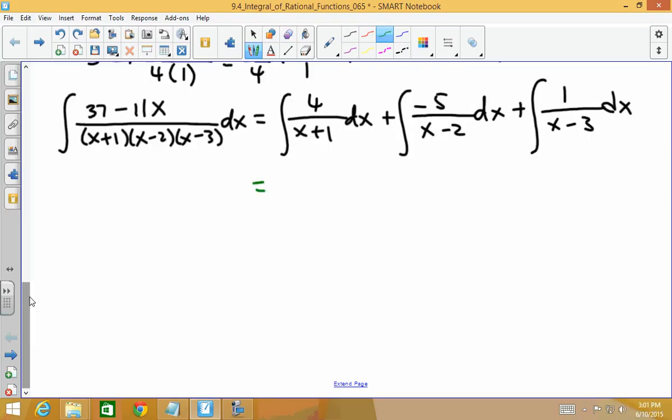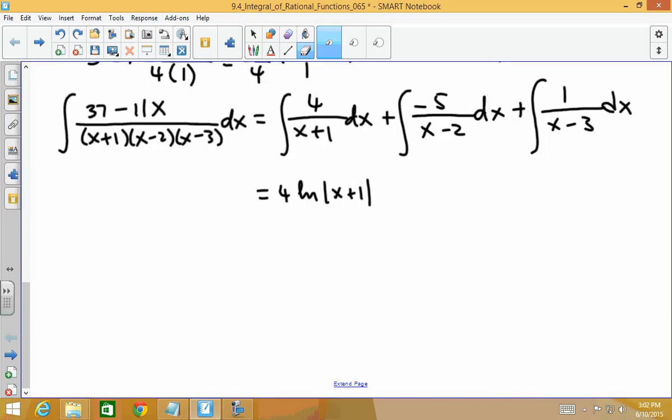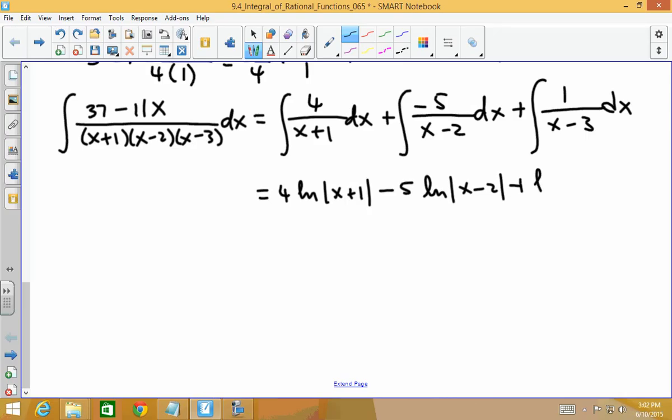So this is going to be 4 ln of the absolute value of x plus 1, minus 5 ln of the absolute value of x minus 2, plus ln of the absolute value of x minus 3, plus a constant. And that is exactly what we are looking for.